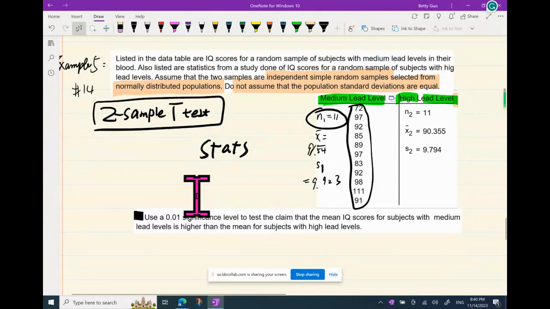All right. Make sure you have the 11 values entered in list 1.